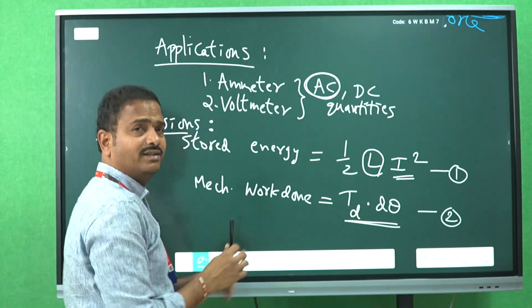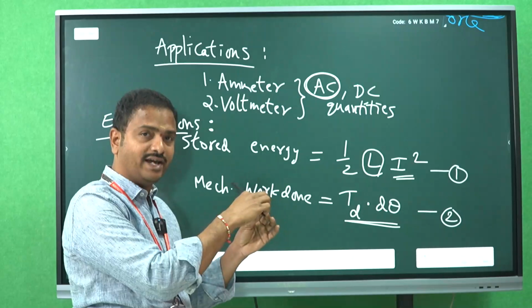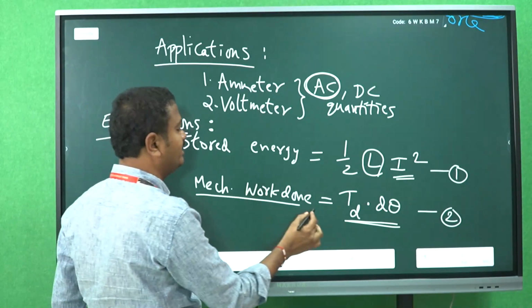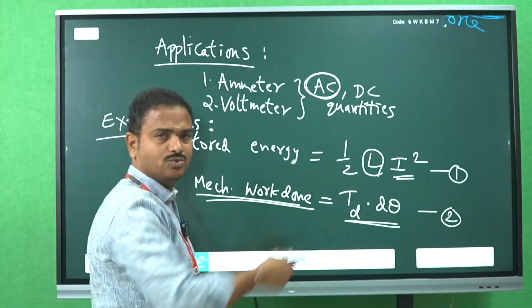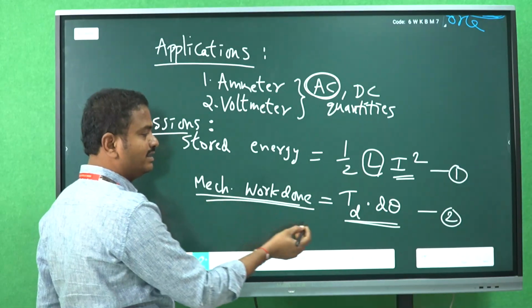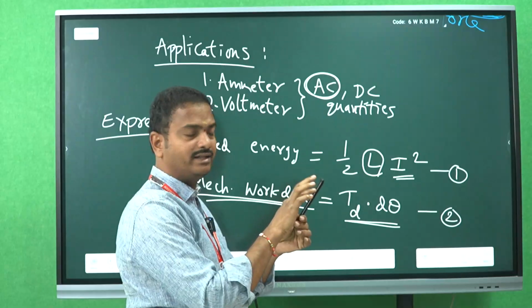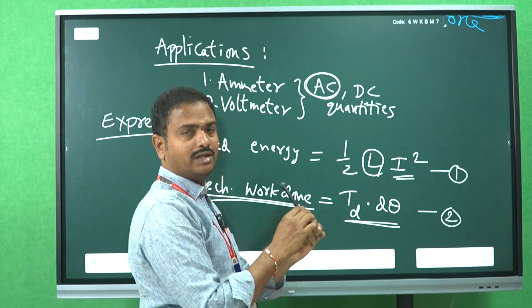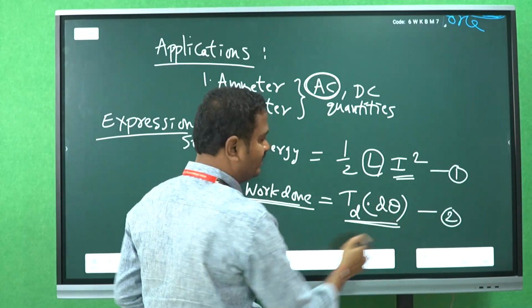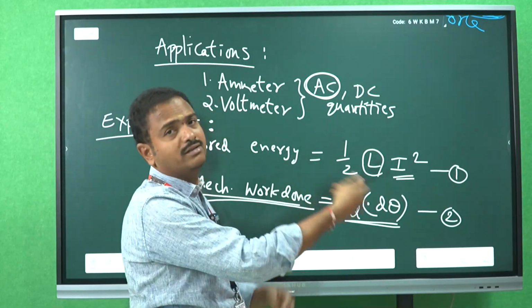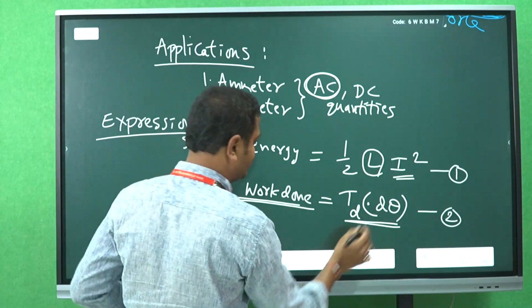Whenever the pointer represents some value on the scale, mechanical work is done, and only then the pointer moves. So the mechanical work done is the deflecting torque exerted on the pointer multiplied by the change in angle of deflection from zero position to final value.